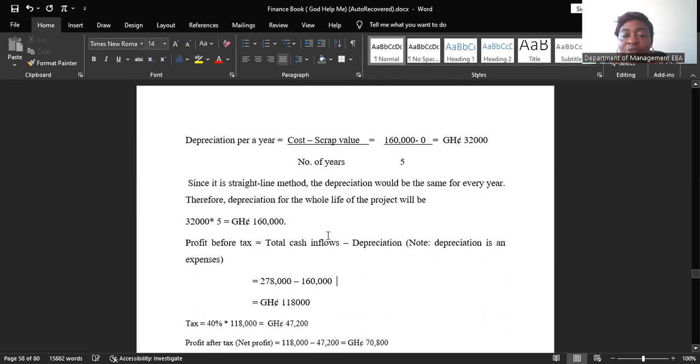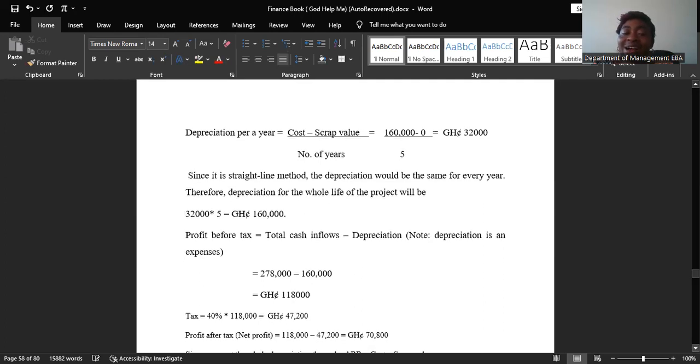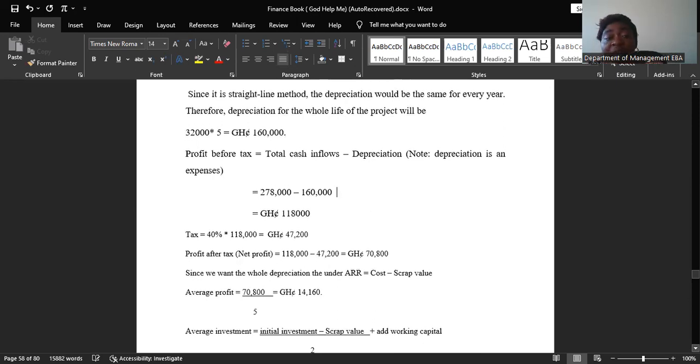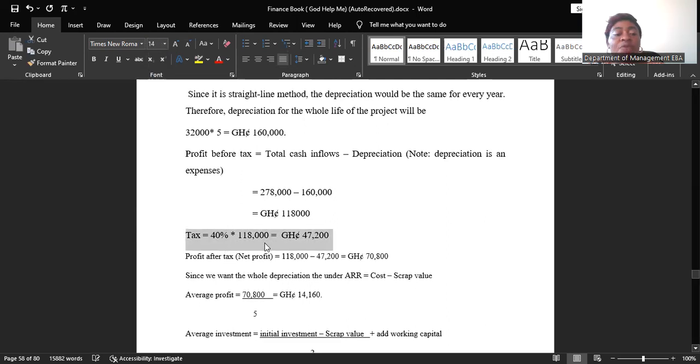Okay, so the total cash flow that we got was 27,800, and we subtract the depreciation. So the first step of getting profit is subtracting the depreciation. Then we subtract the tax from it. Now tax is charged on what? The cash flow minus the depreciation. So we come to charge the tax on this 118. So that's a 40% tax rate, 40 times this.